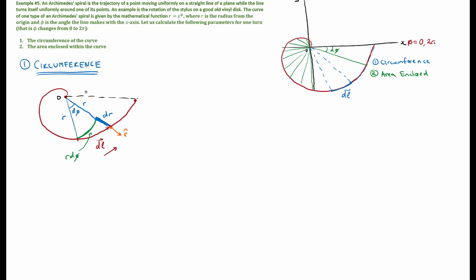The last one we have is r d phi, so it means that we have some sort of tangential component here as well, and this is phi hat. Okay, so let's try and ask ourselves, how do we define dL.